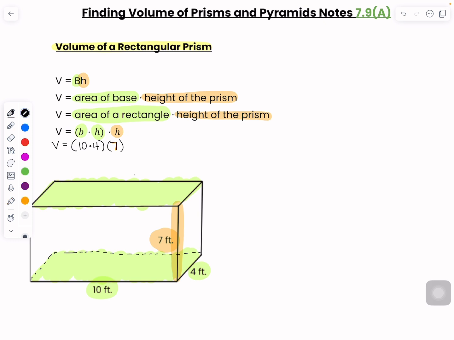Now, when we go ahead and multiply, we know that 10 times 4 is 40. And 40 times 7 is 280 cubic feet. So the volume of a rectangular prism is 280 cubic feet.